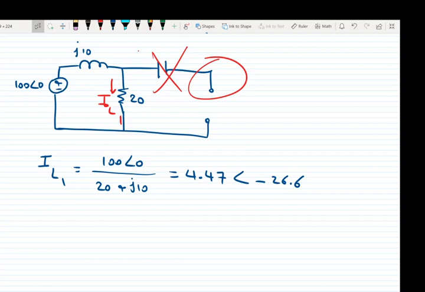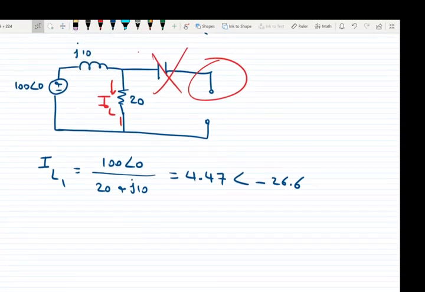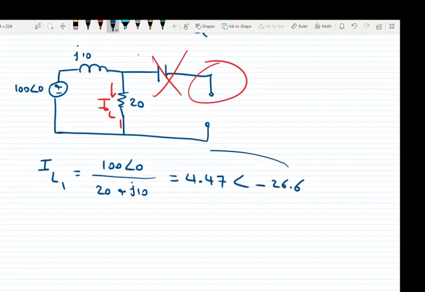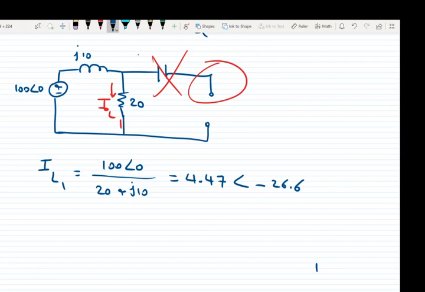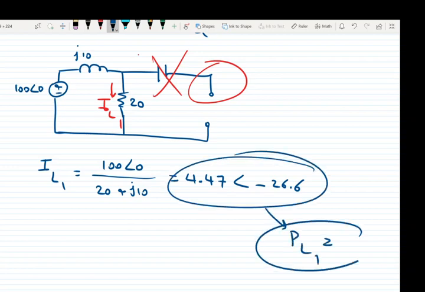Now, here is the point. When we get IL1, we cannot find PL1 at this point and then add those powers. It's not going to work. When I say that we cannot apply superposition to find the power from individual sources, I mean that we cannot directly find PL1 here and PL2 later and add these PLs.